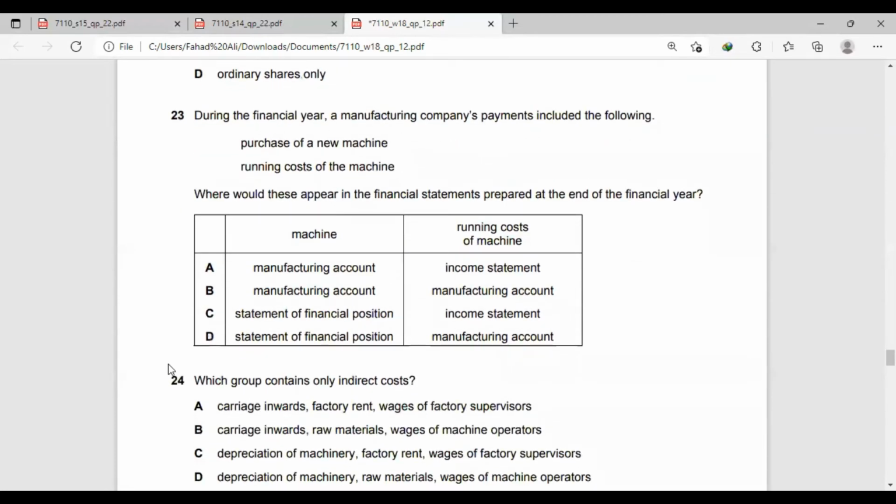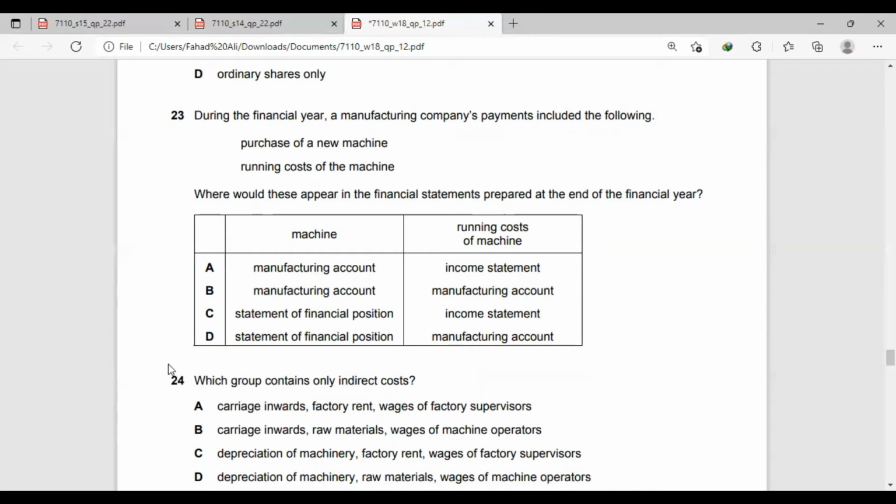During the financial year, a manufacturing company's payments included the following: purchase of a new machine, running cost of the machine. Where would these appear in the financial statements prepared at the end of the year? This concept is again telling us about revenue and capital expenditure, but he has asked smartly. Revenue expenditure means an expenditure which keeps on recurring, which happens again and again every year.